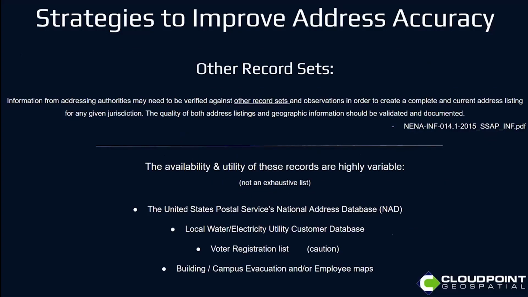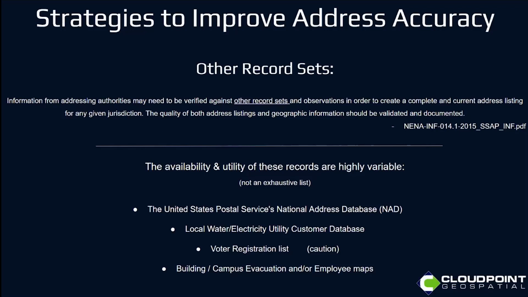So what other records are available? Looking at those other record sets that NENA brings up, this is by far not an exhaustive list, but you can use the U.S. Postal Service National Address Database, get in touch with them, possibly customer databases from your local water or electricity utility provider, voter registration lists, possibly.